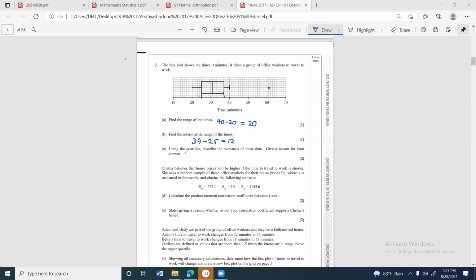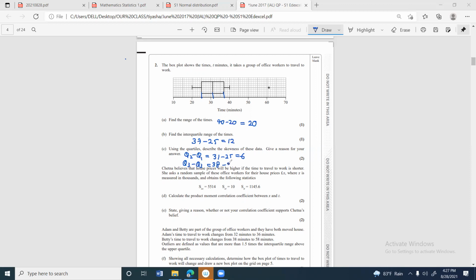Then, using the quartiles, describe the skewness of this data and give a reason for your answer. Now let's check the gap between Q2 minus Q1. Q2 minus Q1 is 31 minus 25, which is 6. Then Q3 minus Q2. Q3 minus Q2 is 38 minus 31.